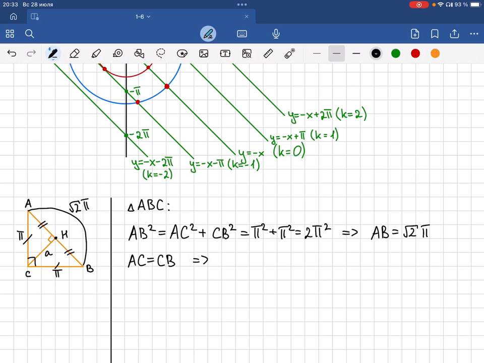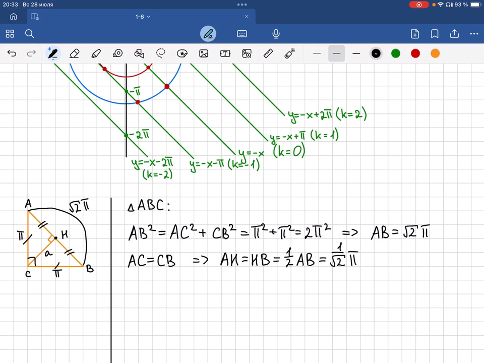So these two sides have the same length. AH equals HB, and this is equal to half of AB. So this is just square root of 2 divided by 2 multiplied by pi, which is 1 divided by square root of 2 times pi.